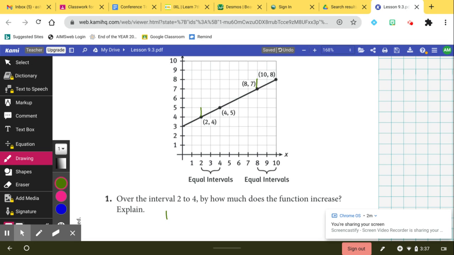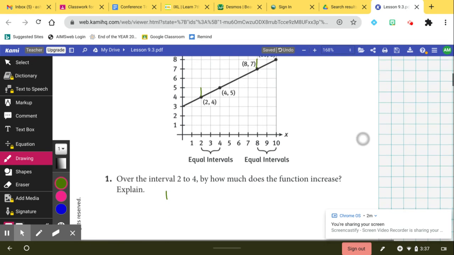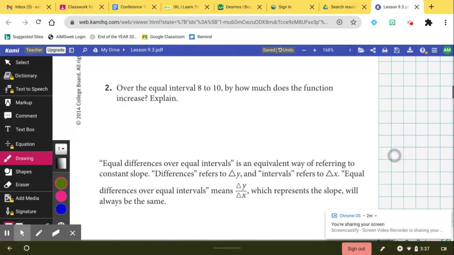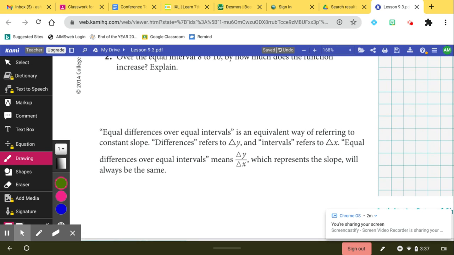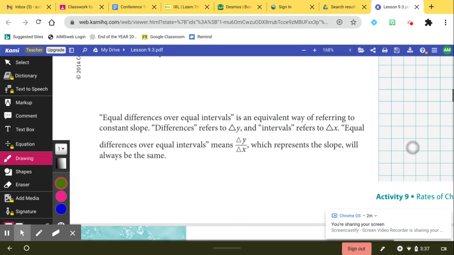My y difference is 1 over my equal intervals of 2. Equal differences over equal intervals is an equivalent way of referring to constant slope. Differences refers to my change in y, and intervals refers to my change in x. Equal differences over equal intervals means that change in y over change in x will always be the same.